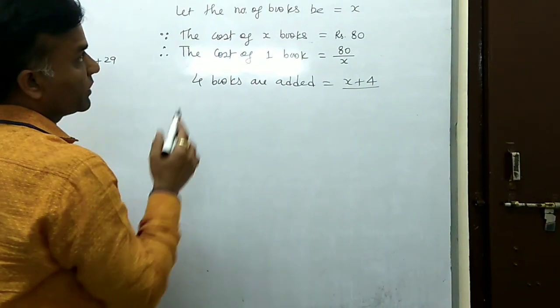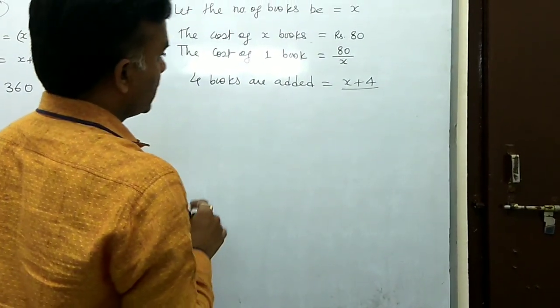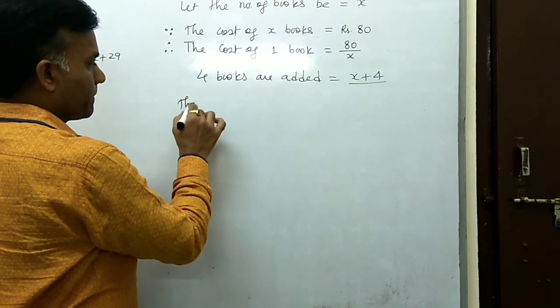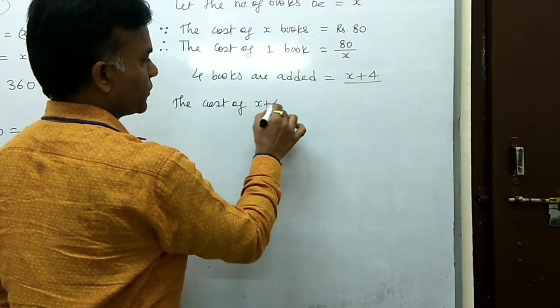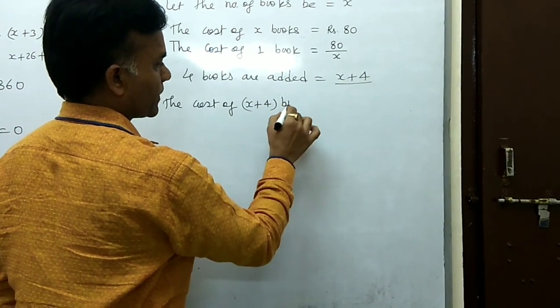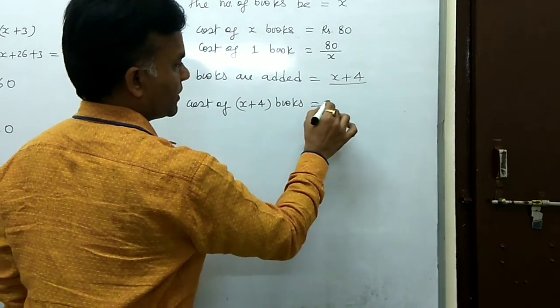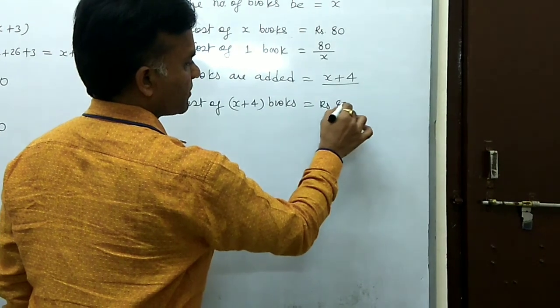The cost of x plus 4 books equal to rupees 80, because the amount will be the same.